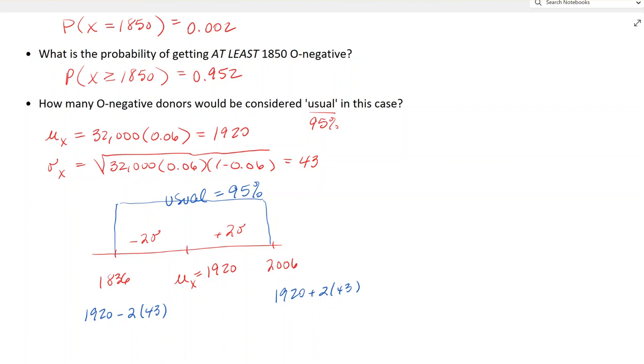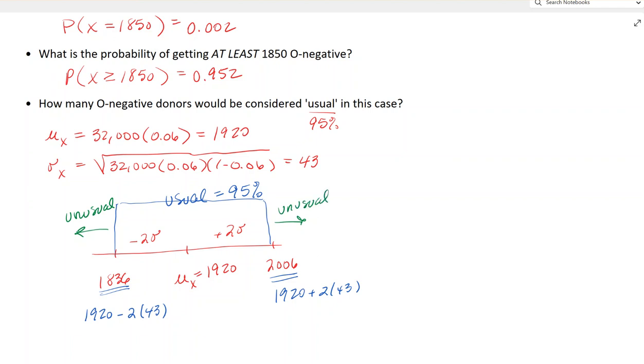So 95% of the time, out of 32,000 donors, I would expect anywhere between 1,836 O negative donors all the way up to 2,006 O negative donors. That's what happens 95% of the time, which is the number we're using to consider usual. Anything that happens outside of that would be considered unusual.